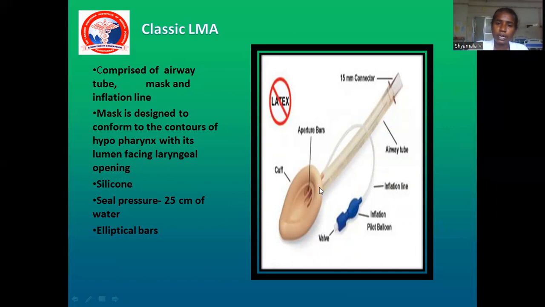This is the patient end. This cuff should face into the laryngeal opening. This is the airway tube, the inflating pilot balloon which inflates the cuff, and it has the aperture, and this is the valve. You should not damage the valve while cleaning.